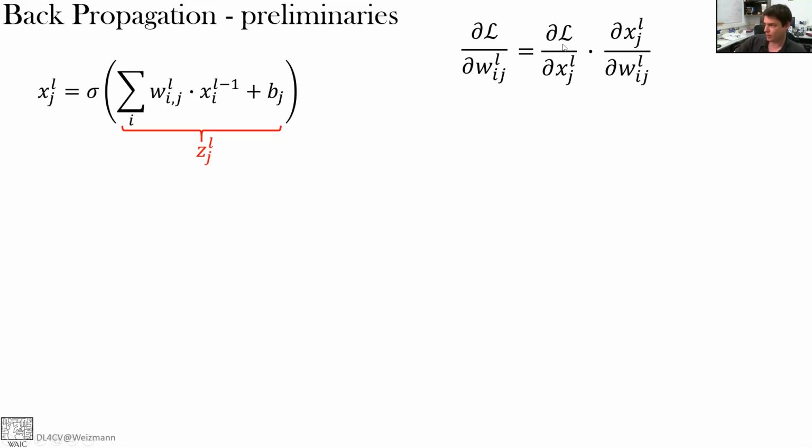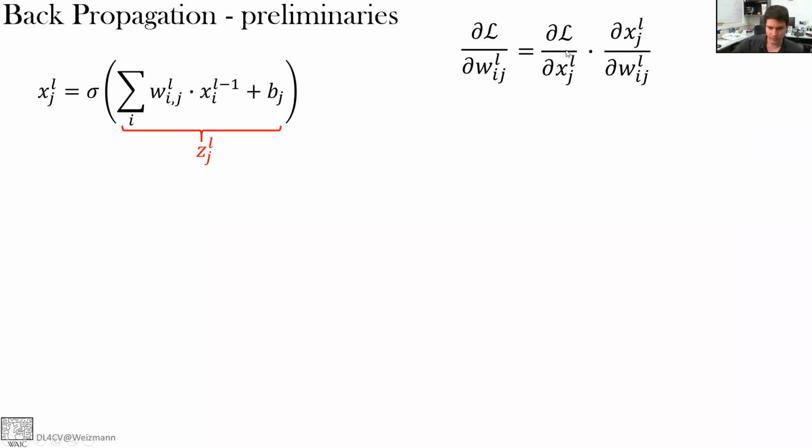Using the chain rule, for every weight that I have, I can express the derivative as the derivative of the loss with respect to x^L_j, the neuron that is connected at the pointed end of the arrow of this weight, multiplied by the derivative of this neuron with respect to the weight.